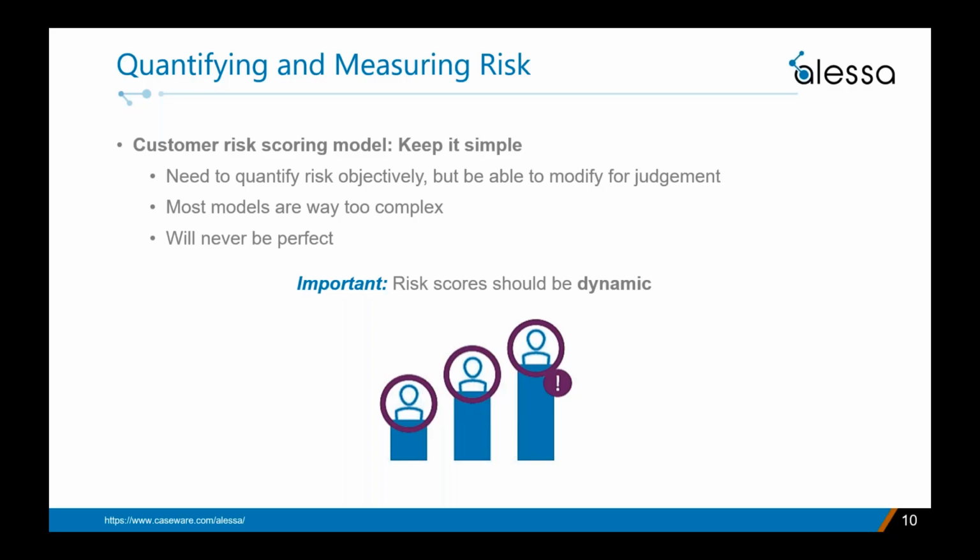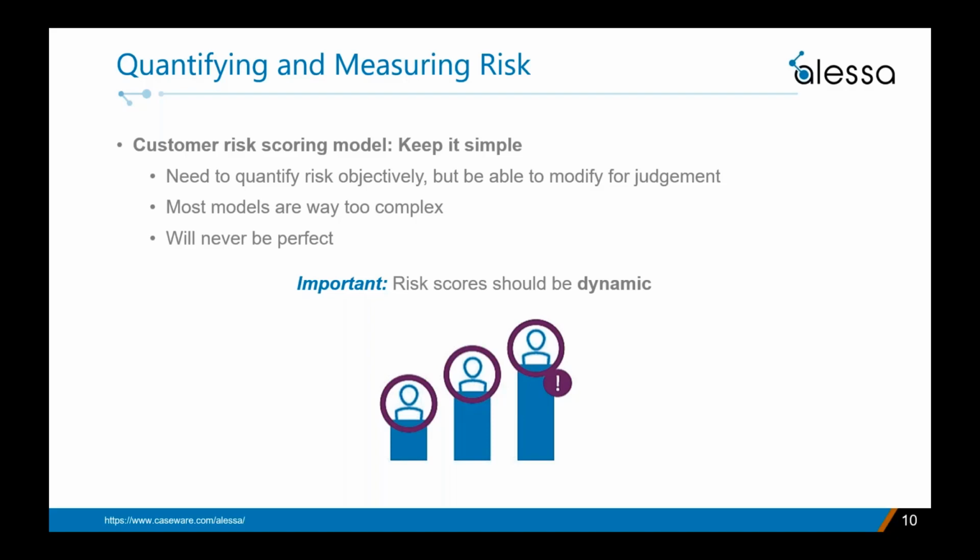And that's because with a brand new customer with no history with the bank, an initial score is never going to be perfect, no matter how complex your model. It's going to take time to actually see how that customer behaves to develop a more accurate profile. So as a very simple example, let's say we have a new business customer who has a number of higher risk factors based on elements in all three of those categories we just reviewed.